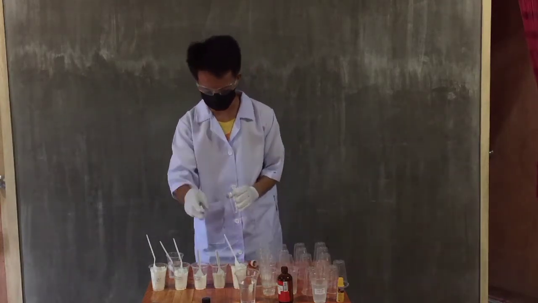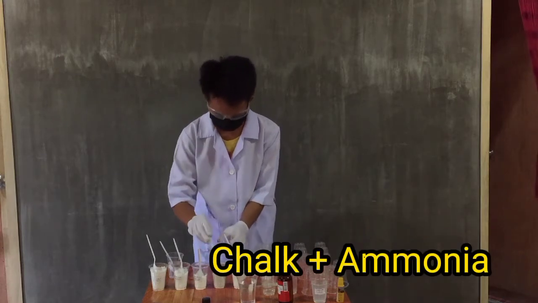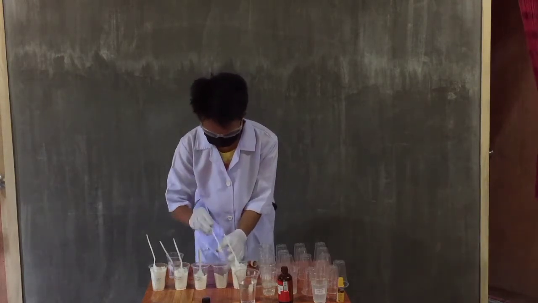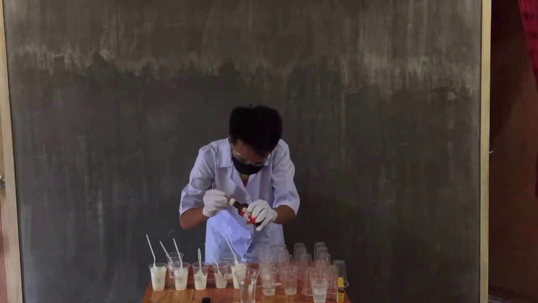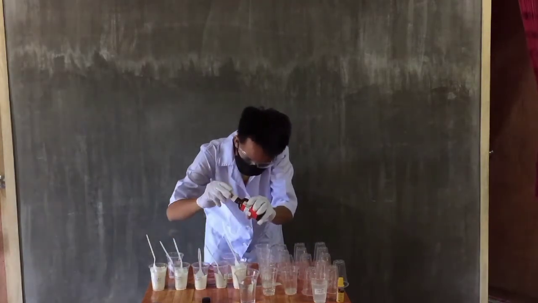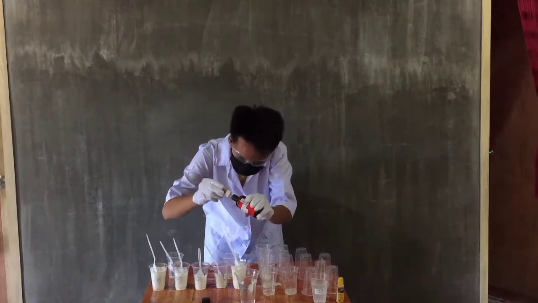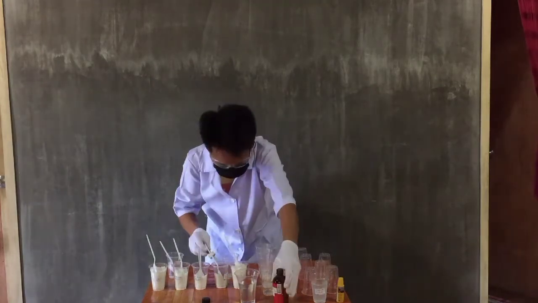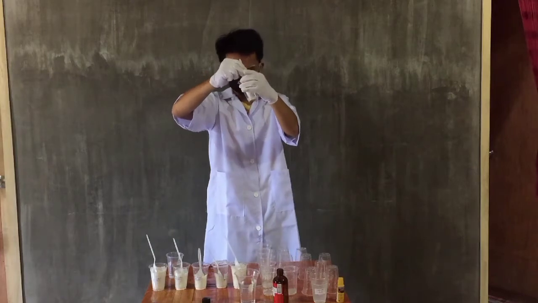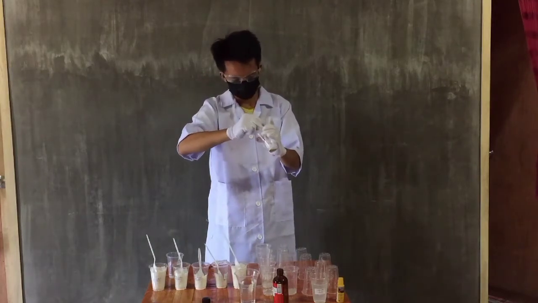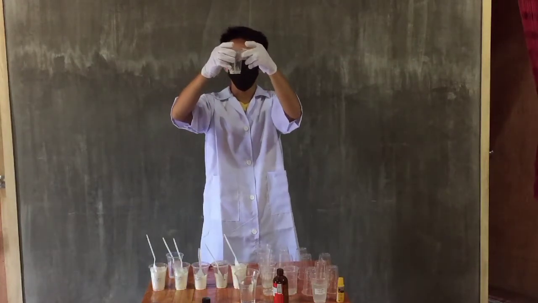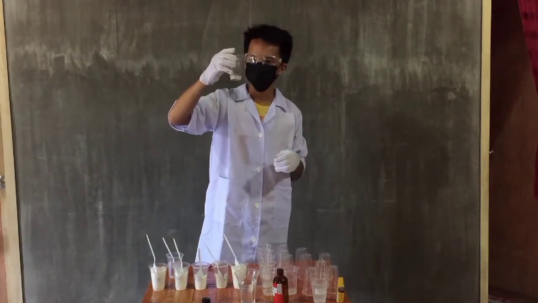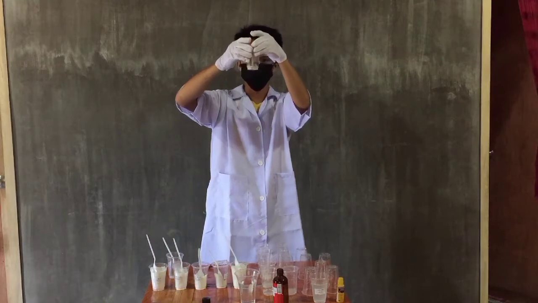The next one is the chalk and the ammonia. Chalk can dissolve in the ammonia and it can produce a light gray precipitation.